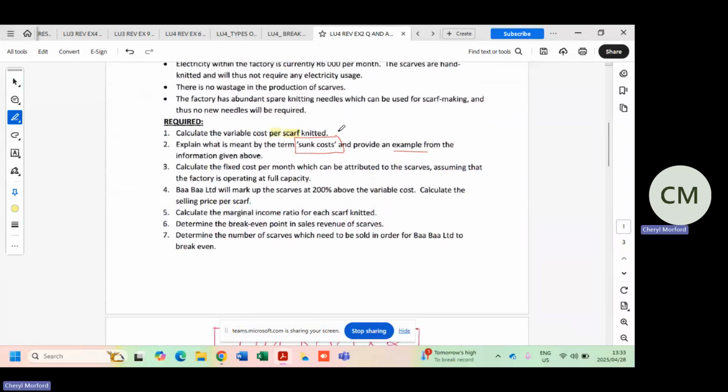That's why it says per scarf. But fixed costs are those costs that are unrelated to the level of output. So those will always be worded differently. Those are fixed costs per month. And it says, assuming that the factory is operating at full capacity.